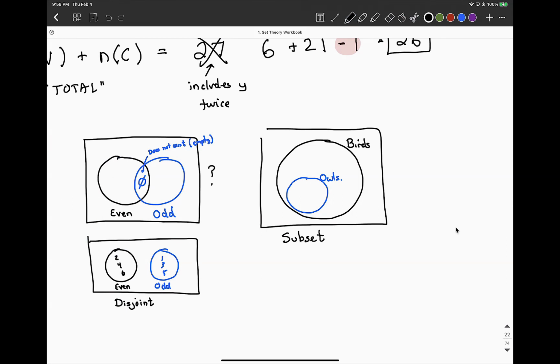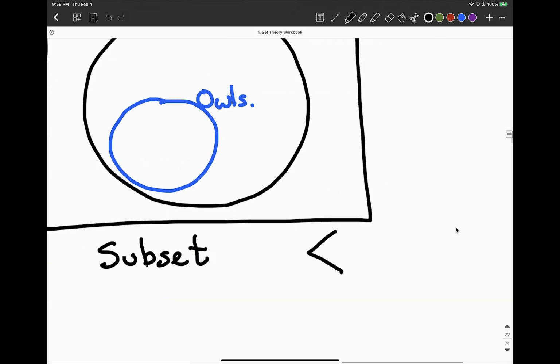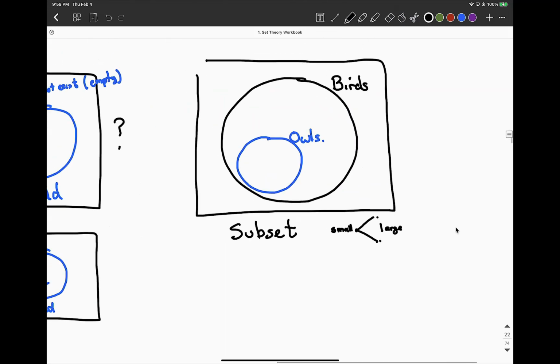And there's a nice little symbol that goes with subset. Very much like the inequality, where we put smaller things on the small side and then larger things on the open side of that inequality symbol. We have a subset symbol, which is like a curved U. It's kind of like a U that's been pushed over.